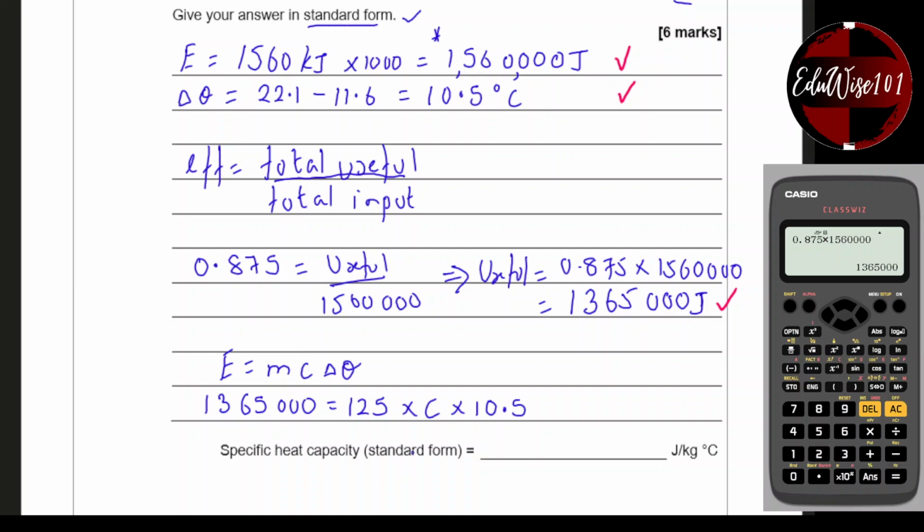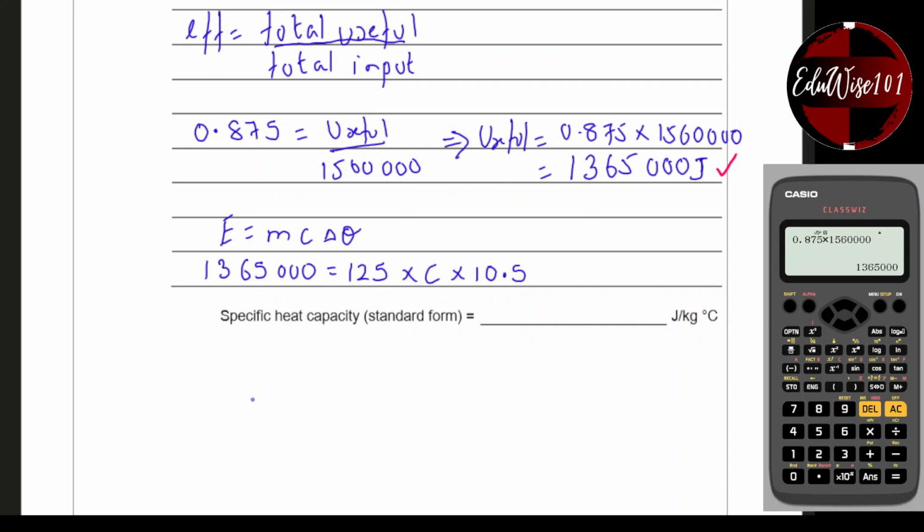I'm running out of space, so let's write it down here. Specific heat capacity rearranged will be the energy, 1,365,000, divided by 125 times 10.5, and that gives me an answer of 1040.